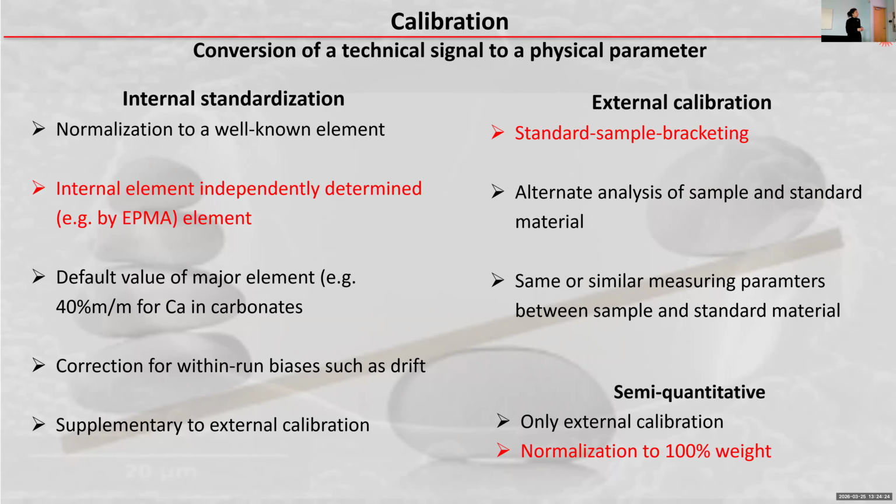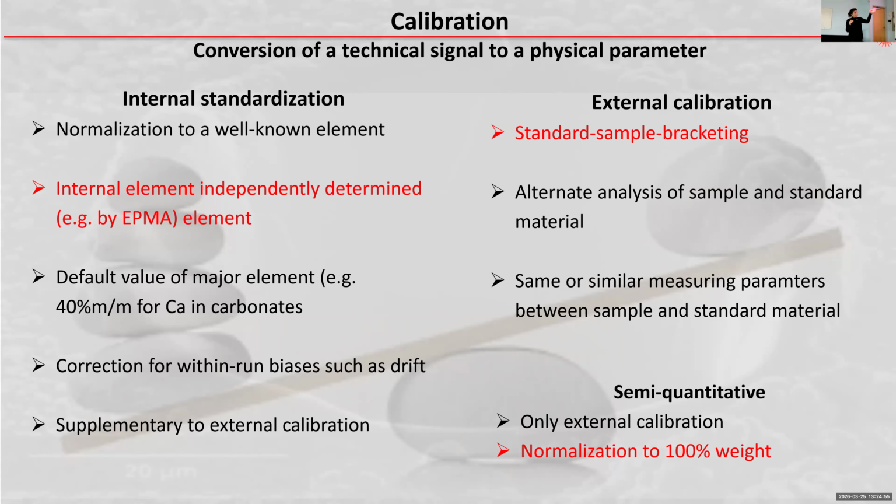And then the internal standardization. As I mentioned, the internal standard is an element in your sample that you have determined otherwise than by laser ablation ICP-MS, with an independent method, ideally a very exact method like probe. You take that as a reference within the actual run and normalize every other analyte to that element.